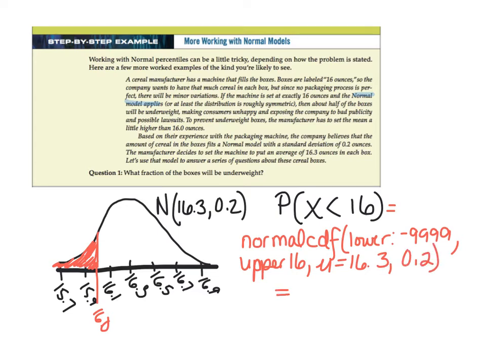Type that in, see what you get. I get 0.067. So my conclusion is approximately 6.7% of the boxes will be underweight or less than 16 ounces.